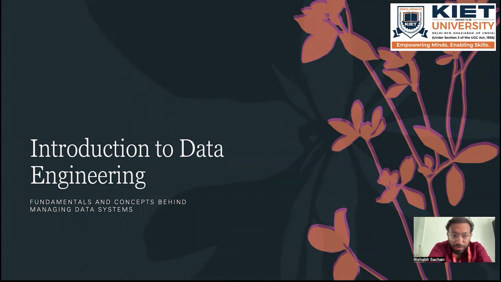Now, starting with the concept itself, data engineering is primarily about designing, building, and maintaining systems that handle data.